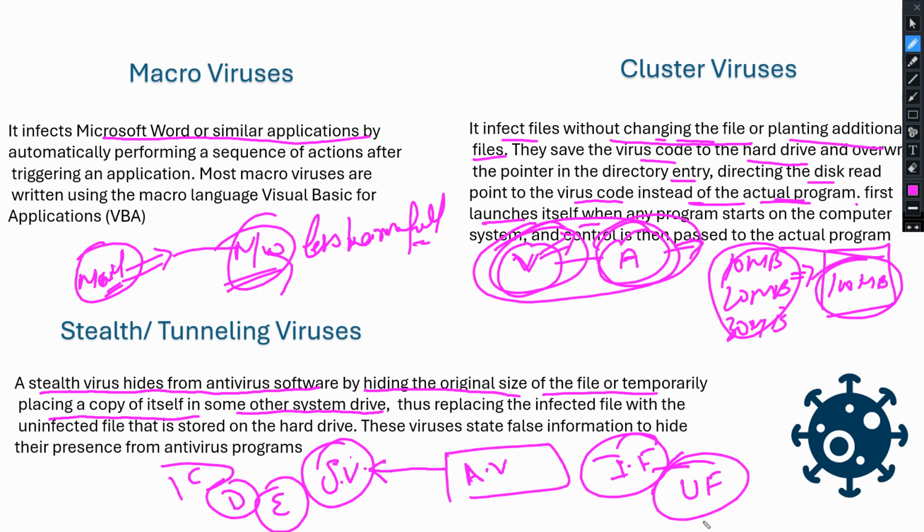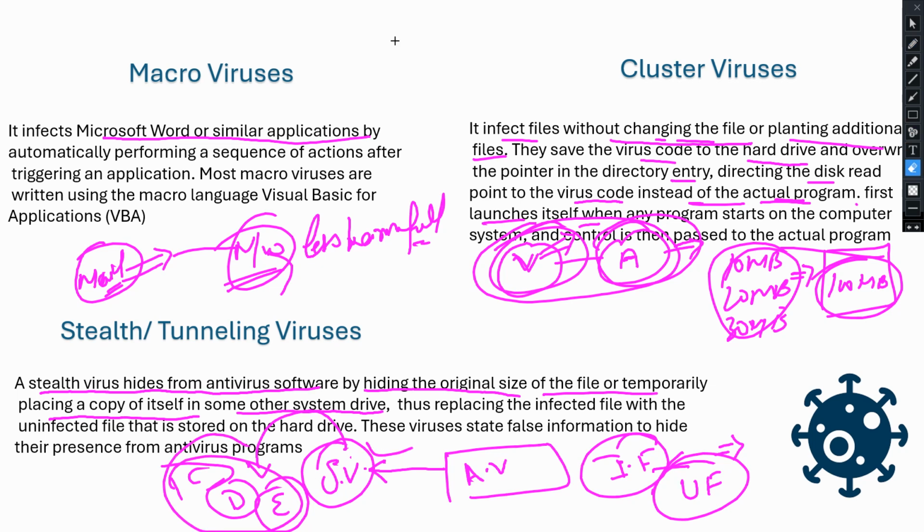These viruses state false information to hide their presence from antivirus programs. Okay, so what happened here, this is the infected file, this is the uninfected file. It will show it like, okay, this is the uninfected file, and this stealth virus already put the copy of its original, hid the original size, placed a copy in some other drives. It's a kind of tricky one.